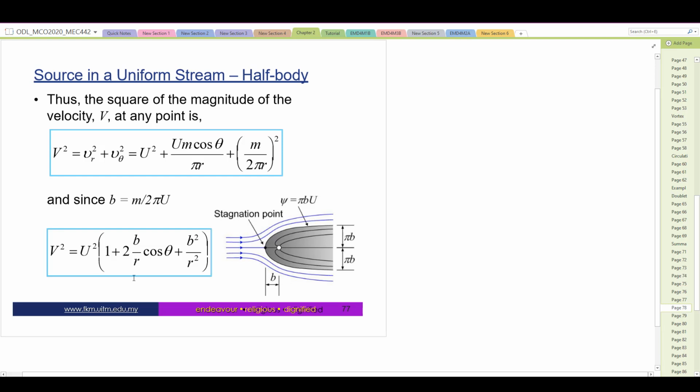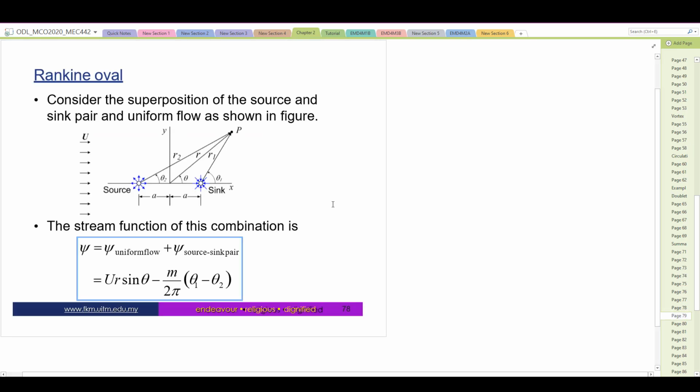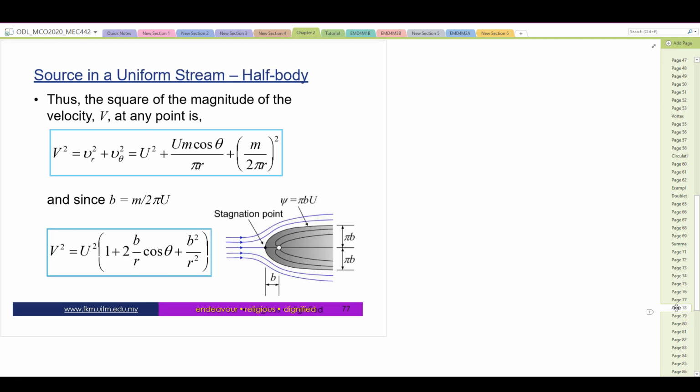So if you want to find the pressure, you just use the Bernoulli equation.